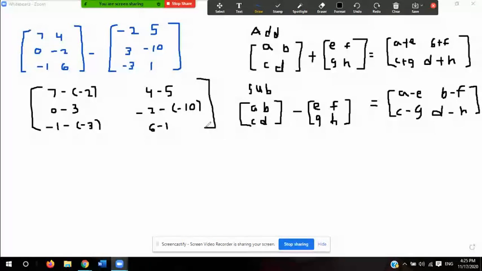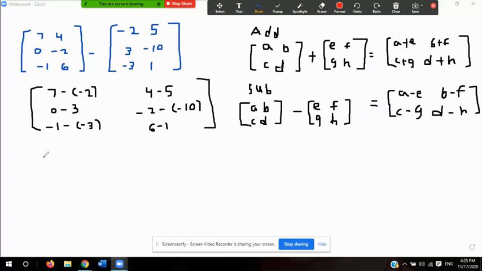So 7 minus -2, 4 minus 5, 0 minus 3, -2 minus -10, -1 minus -3, and 6 minus 1.